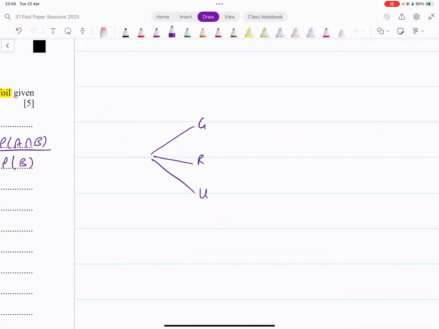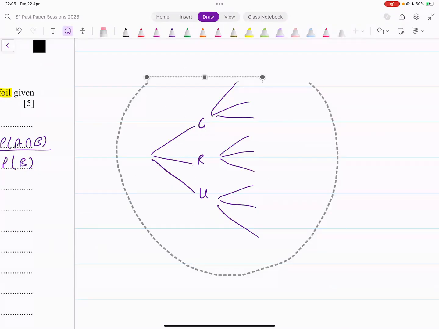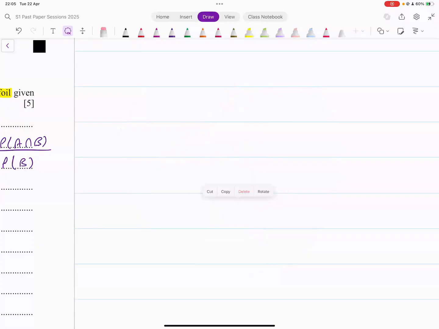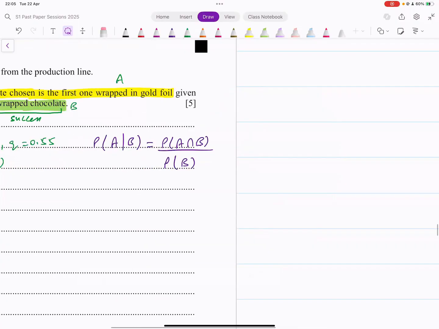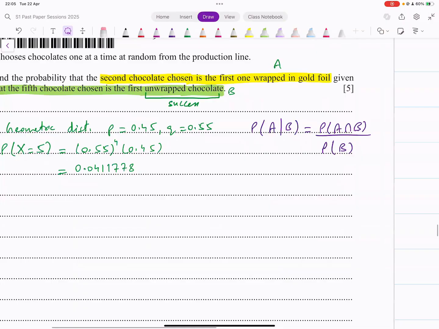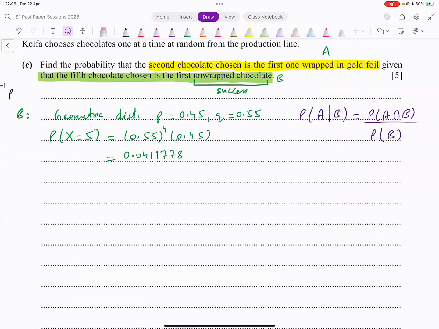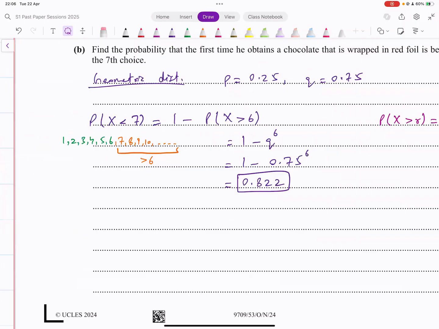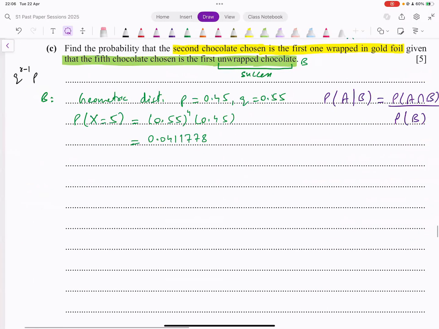That's for the first chocolate. For the next time, you'll have 3 branches with each of them, and then for the next time you have 3 more for each of them. That's 3 raised to power 5. That's too many branches. That will become extremely big. One idea could be that you think of the tree diagram in your head and do the calculations using combinations or factorials. If you are comfortable doing that, that is one possibility. But I think it's easier just thinking of it as geometric distribution for the given event at least.